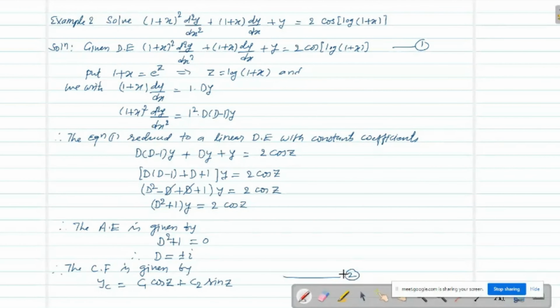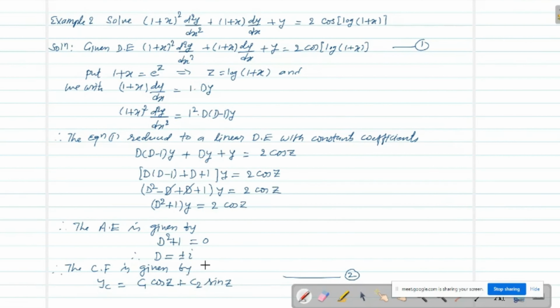Now our job is to find the particular integral. So for this we will move to the next page. To find the particular integral, we write yp equal to 1 upon d square plus 1, acting on the right hand side, which is 2 times cos z.